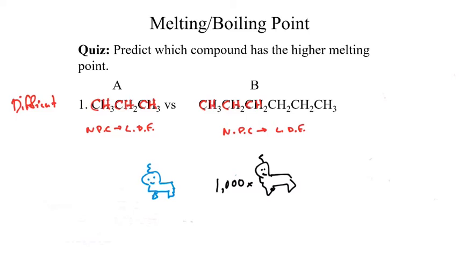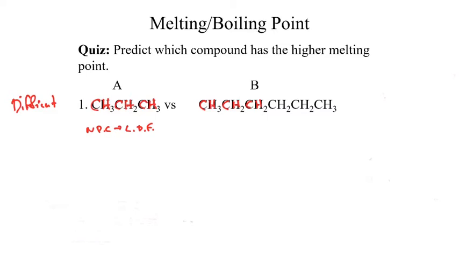So the number of intermolecular forces contributing also changes your melting point. When we look at that larger molecule, okay, what happens? Yes, at each individual point of interaction, we generate a London dispersion force. Okay, and that individual London dispersion force is the same strength.